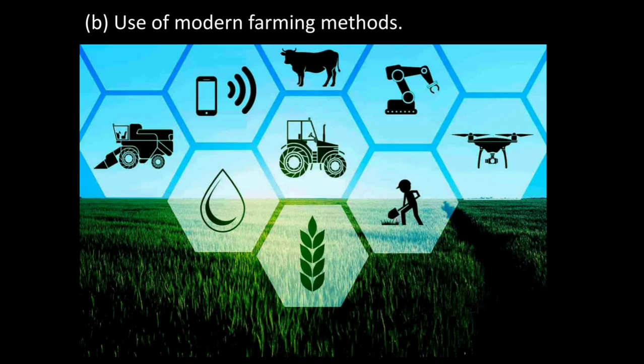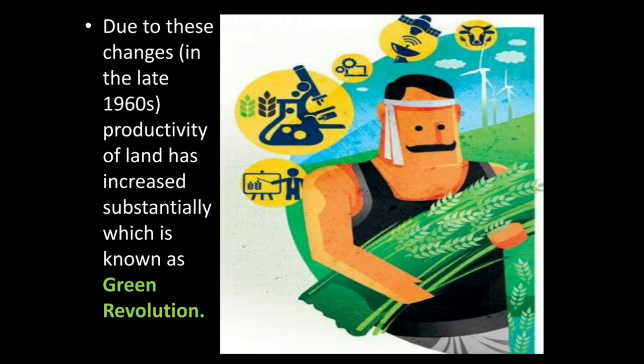So there are two techniques which enable the farmers of India to produce more from the same patch of land. One is multiple cropping and the other is modern farming methods. Due to improvement in these farming techniques and methods, the productivity of land has increased substantially, which is known as the green revolution.